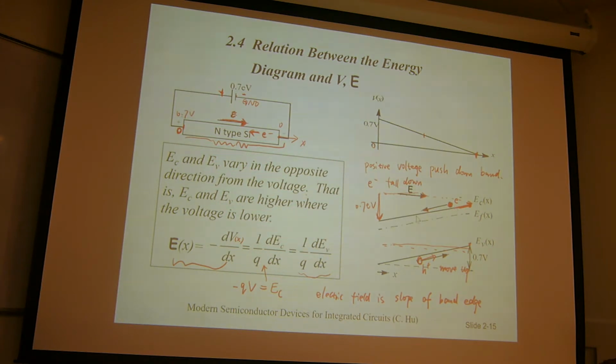They try to fall down to lower potential. So electrons tend to fall down, and similarly, the holes, like bubbles, try to move up. So these are the three conclusions we draw from this energy band diagram. First, the positive voltage pushes down the band. Second, the slope of the band means the electric field. And third, electrons will fall down, and the holes will move up.